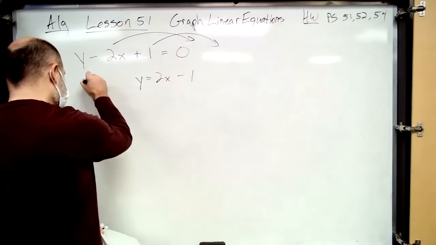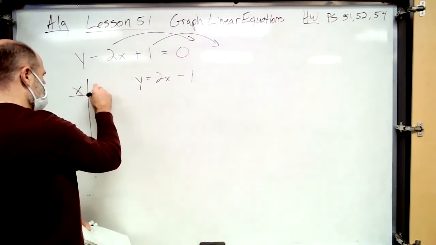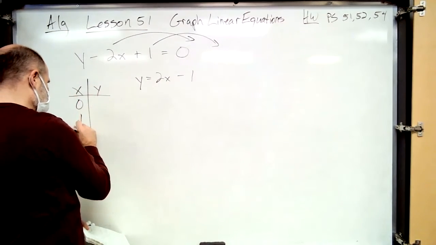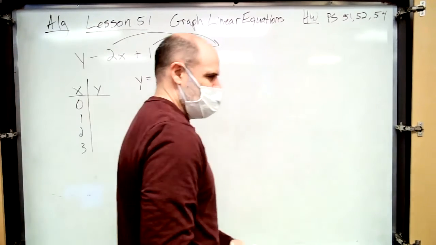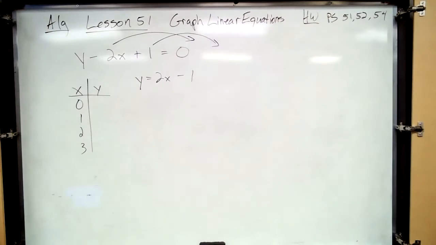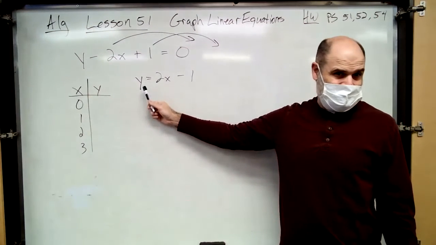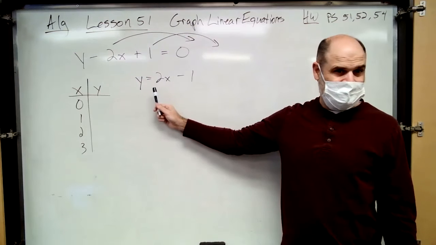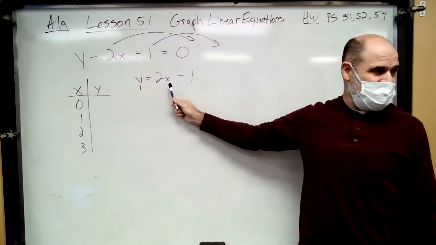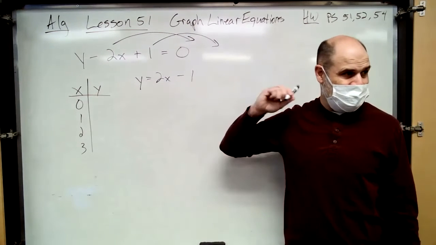Now we can pick some xy values. So I think the easiest x to pick is 0. The next easiest is probably 1, depending on the equation. So when x is 0, what does that make y? If you plug in 0 for x, what does that make y?